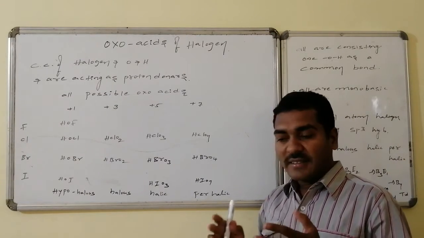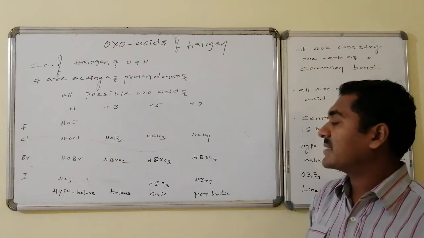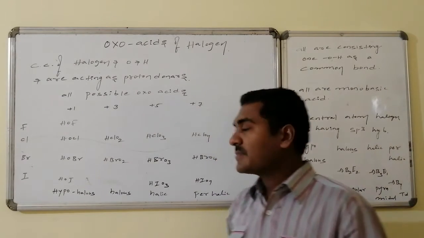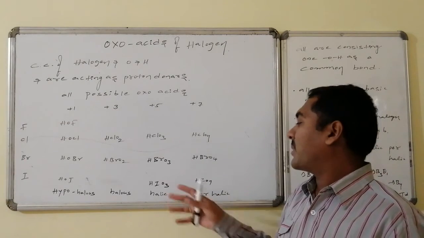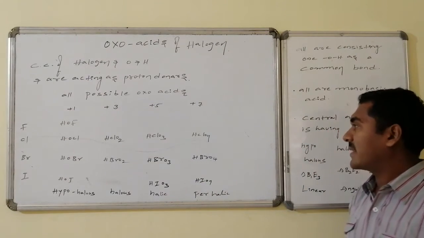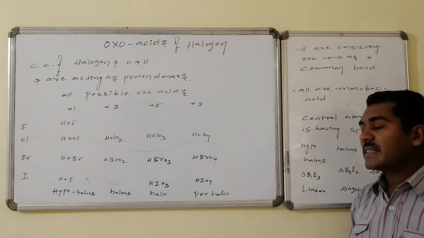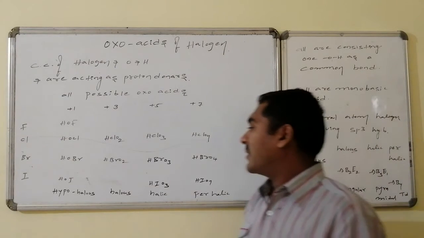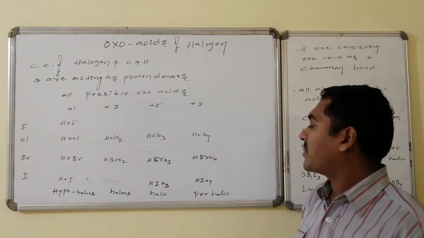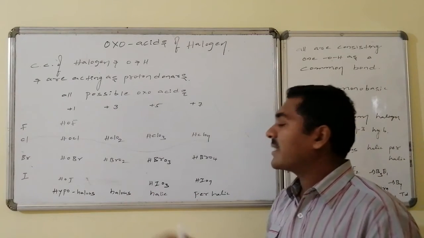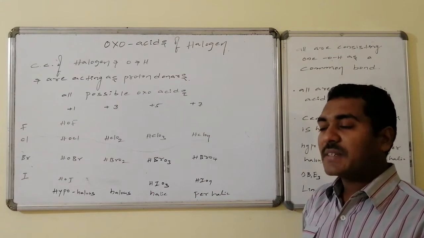Here, the +1 oxidation state is said to be the hypohalous, whereas +3 oxidation state is said to be the halous, and +5 oxidation state is said to be the halic, whereas +7 oxidation state is said to be the perhalic. Halous stands for +3 state, halic stands for +5 state. Halous and halic have a difference of 2 units.